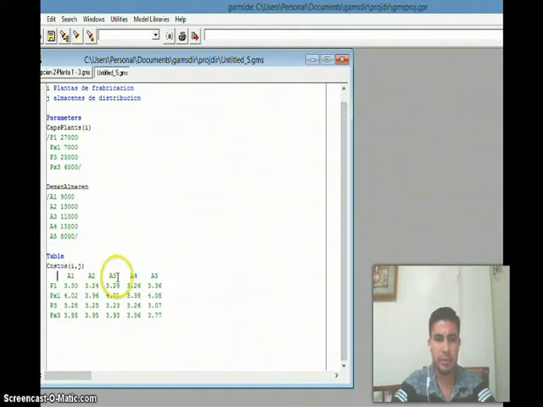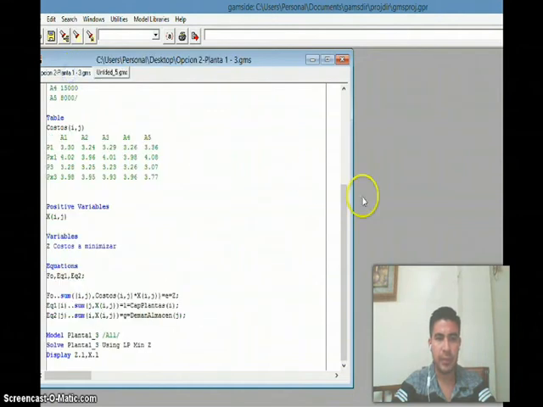The table in this case is the cost. Well, the positive variables, and the variables in this case: minimizing the objective function, and the equations, the objective function and two equations, equation 1 and equation 2.